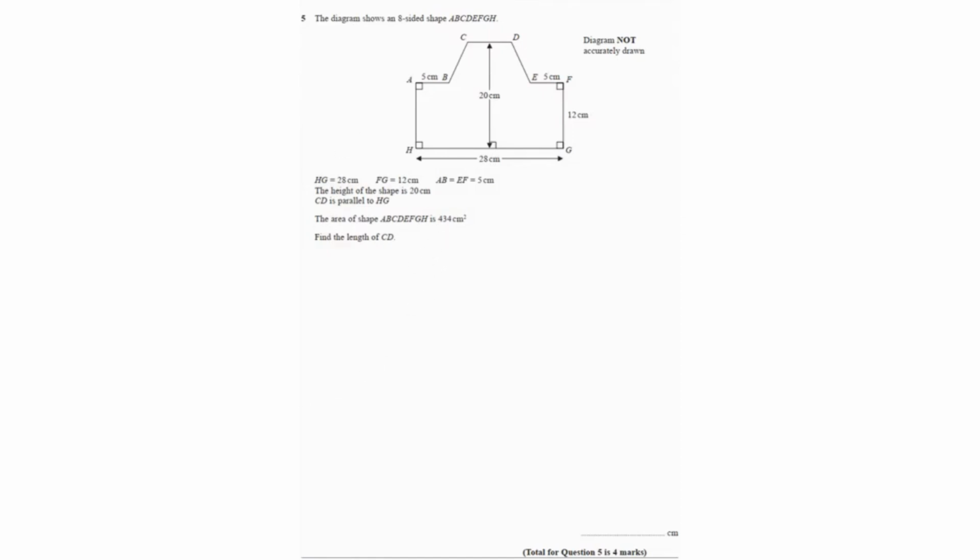So same thing as we discussed previously, we're going to split the shape into 2 shapes which can be used to solve the question. We have a trapezium at the top and rectangle at the bottom. They've given us the area of the entire shape. As you can see, for the rectangle, we have the length and width. So area 1, which is the area of this shape, and area 2, which is the area of this shape.